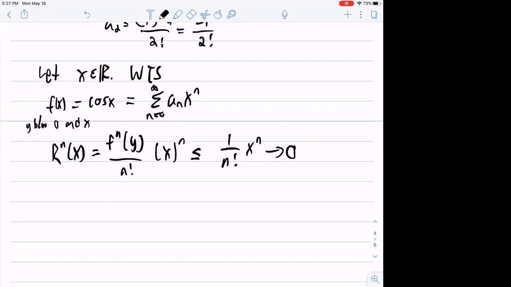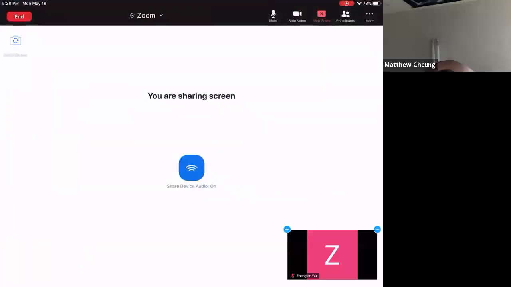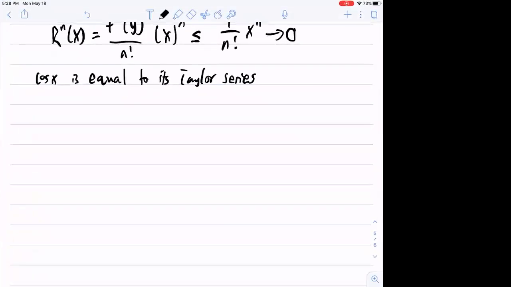So you see here, and x was arbitrary, so we get that cosine of x is equal to its Taylor series. Okay, is everyone clear on the process of Taylor series right now? Okay, so let's do one more just for practice.